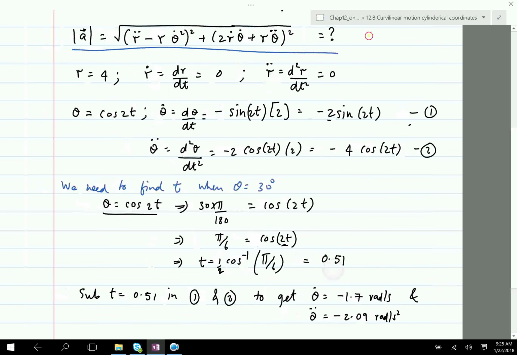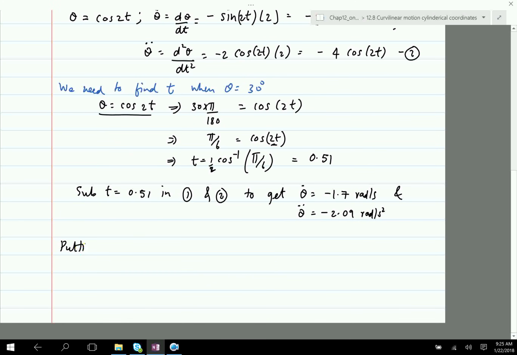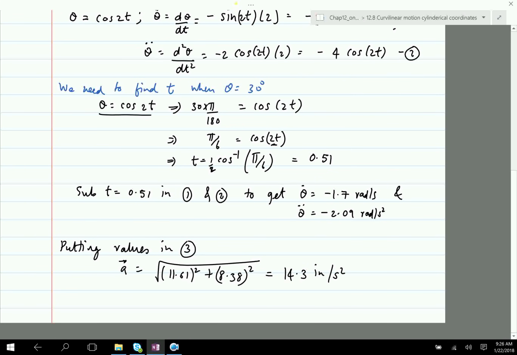So now we can sub the values in 3, which is my acceleration formula. The acceleration comes out to be, you can check this, what I got is 11.61 square plus 8.38 square, which is 14.3 inch per second square.